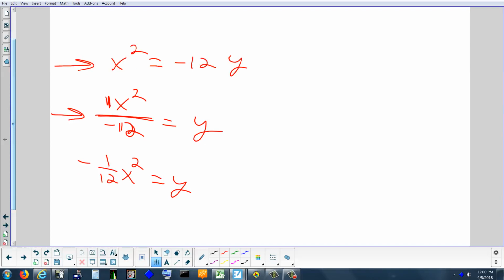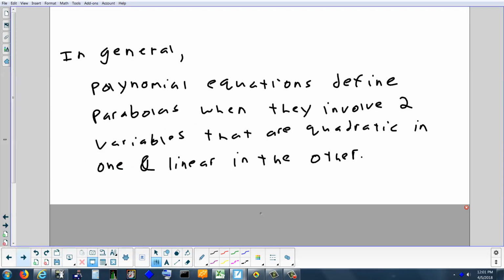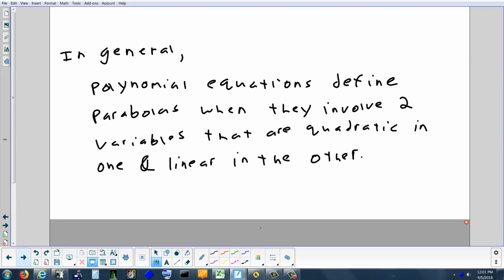What's different about the x letter and the y letter? One of them is squared, one of them isn't. That's the whole key to knowing you have a parabola. Parabolas always involve two variables, x's and y's. One of the variables is squared, the other is not.